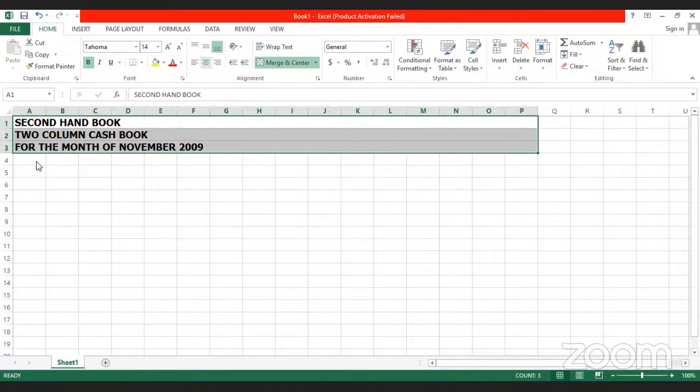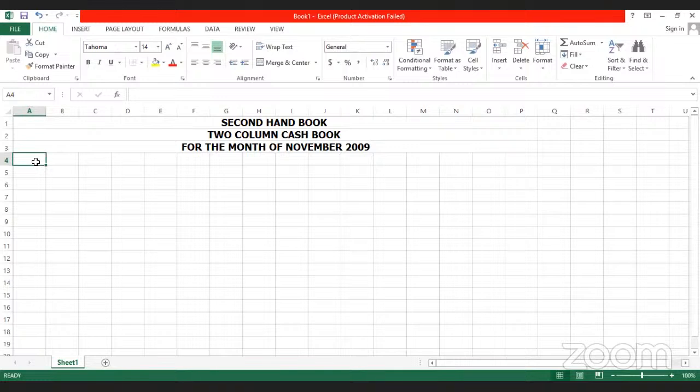Remember, we have the debit side, where you have a column for the debit, and then we need a column for the details. We need a column for the folio.